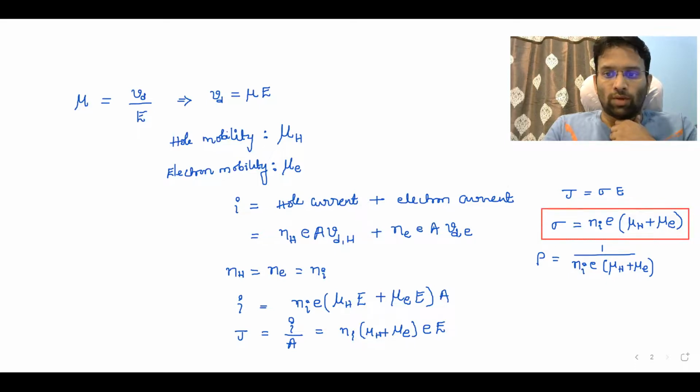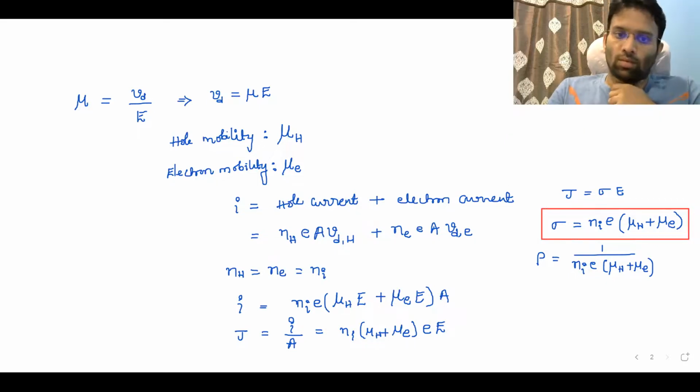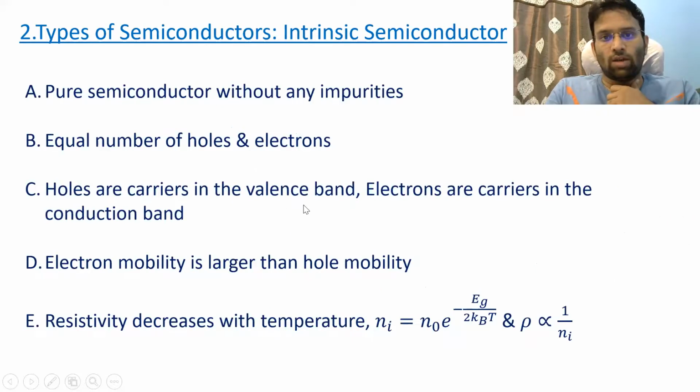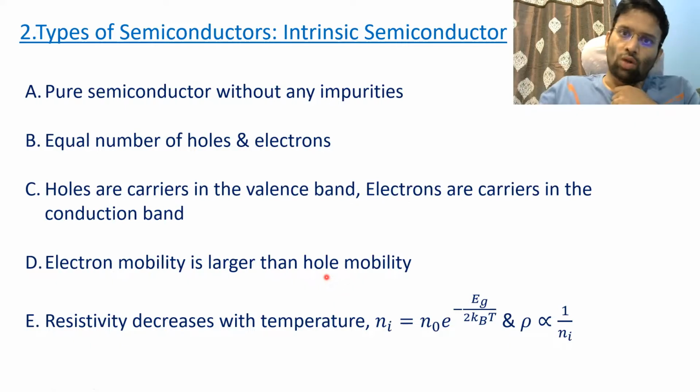the concept further. So, holes are carriers in the valence band and electrons are carriers in the conduction band. I hope you are okay with that. And then electron mobility is larger than hole mobility because the valence band typically is at a lower energy level. So electrons don't like to jump through the holes.